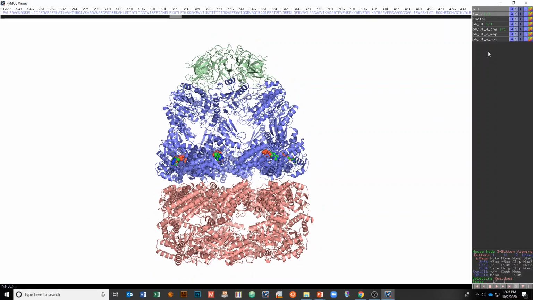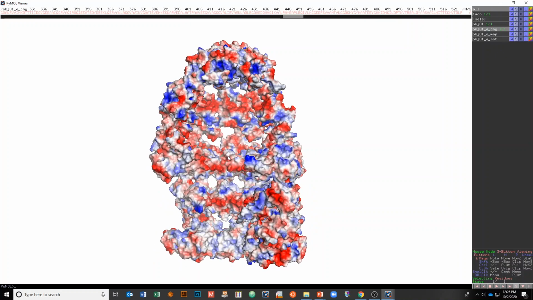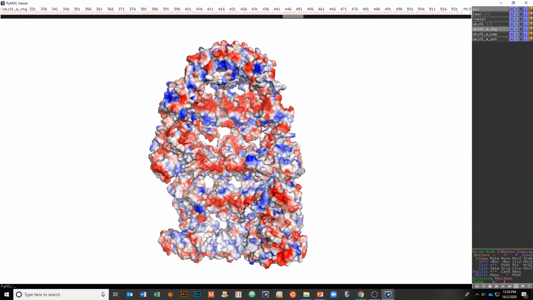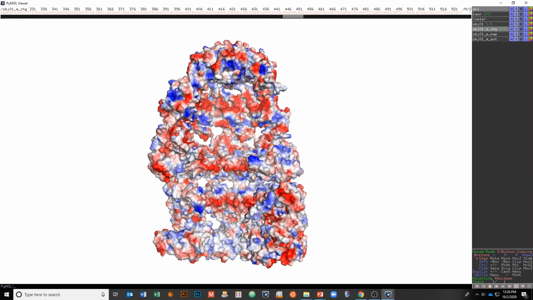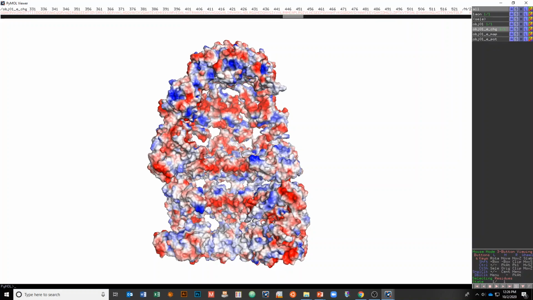Okay, so what I really want to show you is this. I want to show you the electrostatics. So what I'm showing you is an electrostatic surface of the GROES complex, and I've stripped away 3 GROEL subunits on each tier so that you can actually see to the interior of the chamber.